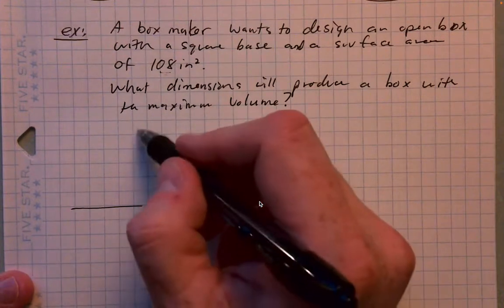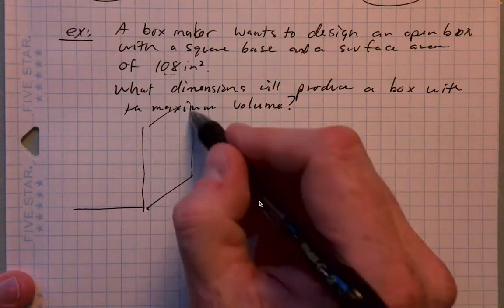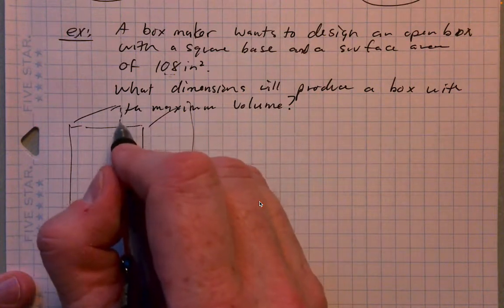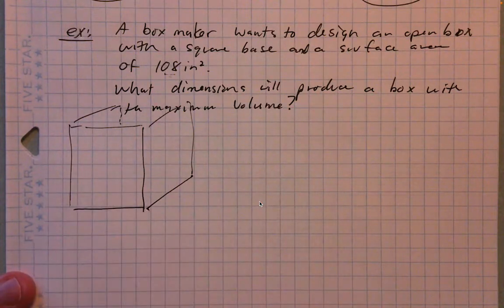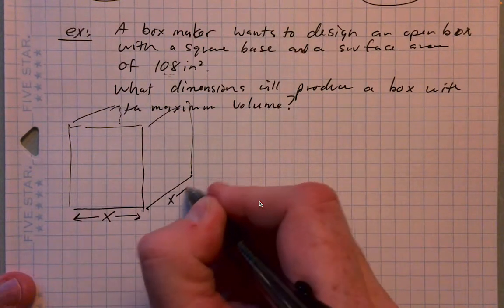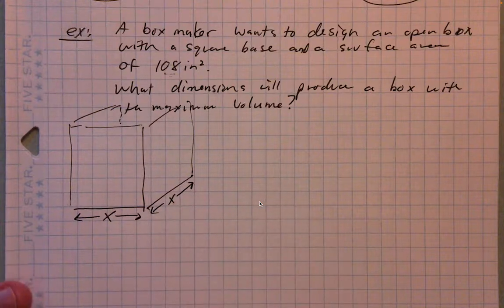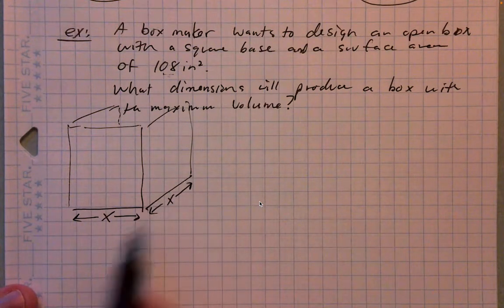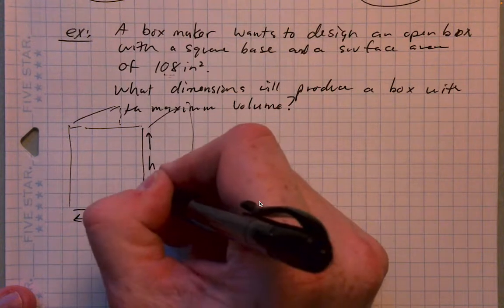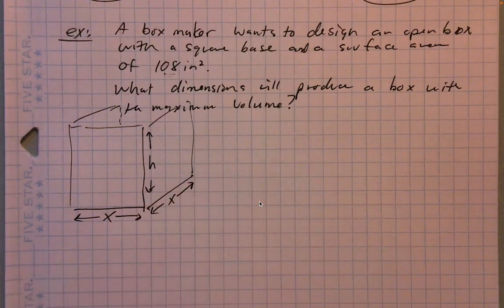So let's draw a picture here. So we've got our box here, and it's an open box, right? So that means there's no top on the thing. It's also got a square base, which means that the base down here is x by x, whatever x happens to be. There's no constraint on the height of the box, right? So that's a different variable.